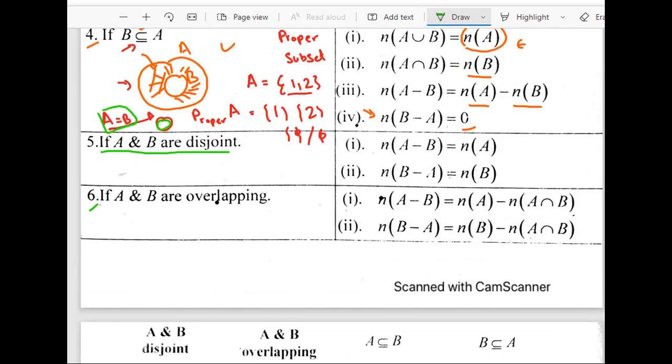If A and B are overlapping, it means they would not be disjoint. This is A and this is B. We will have some common region.